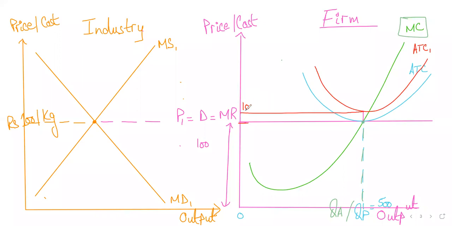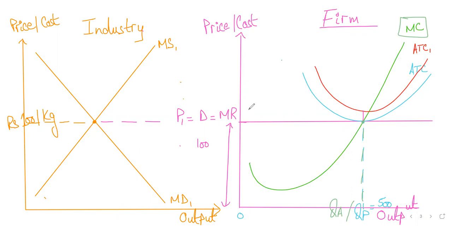Exactly. So what I wanted to prove over here is that if a firm in perfect competition has its ATC even slightly higher than the demand curve, then it will make a loss, and therefore it will not be able to survive in the market. I'll repeat that.